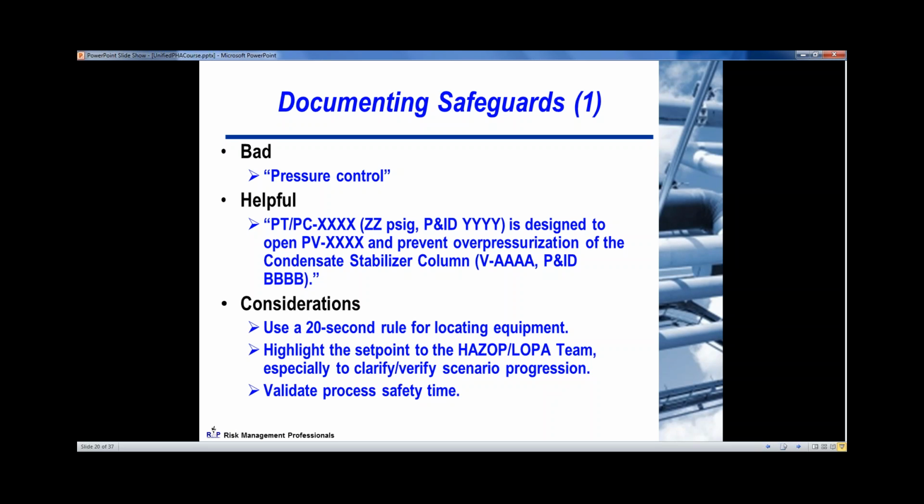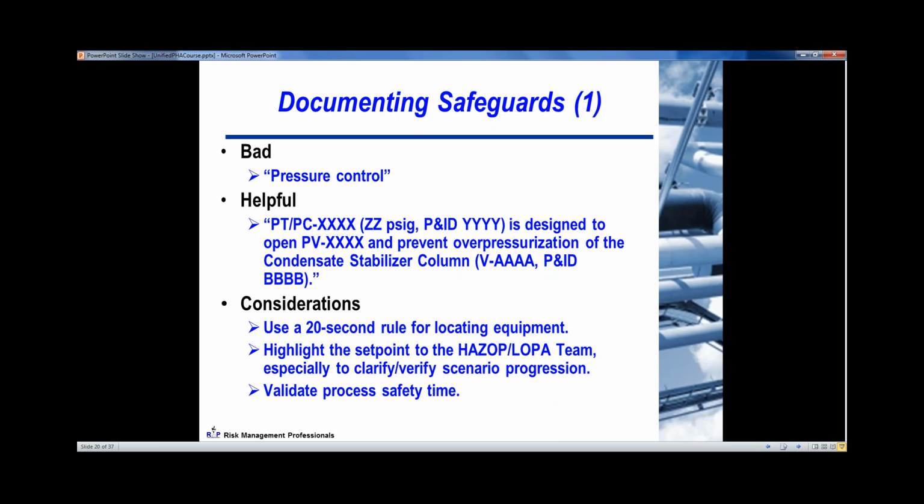If you spell out what the control point is, what it's supposed to do, and that it's supposed to prevent overpressurization of the condensate stabilizer column, they see it on the screen, and if that's not true, hopefully somebody on the team is going to say, wait a second, that's not an effective safeguard for this scenario. In the helpful example, they can do that. In the bad example that I presented here, they can't. So it's all a matter of effectively getting what you need from the team.